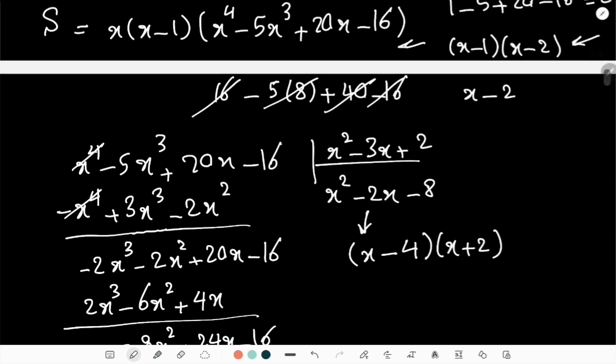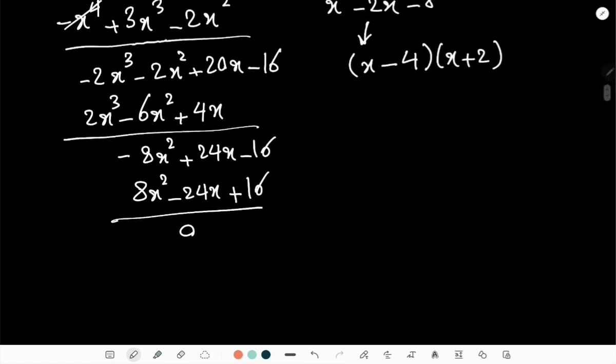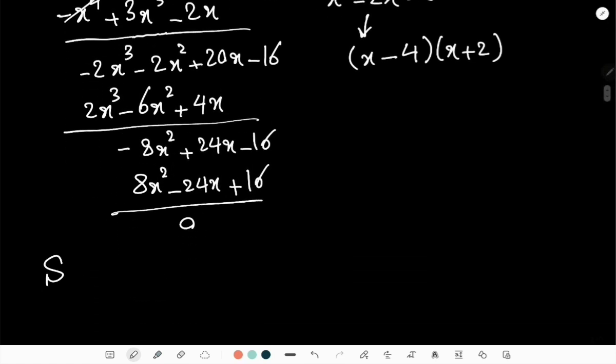So the whole s can be written, or let's go back to our equation.